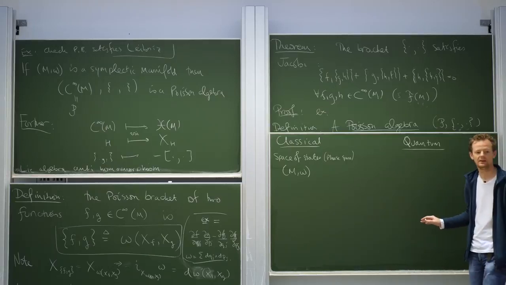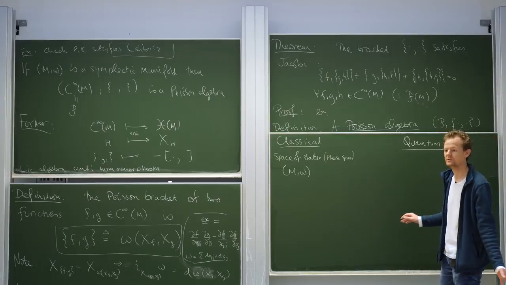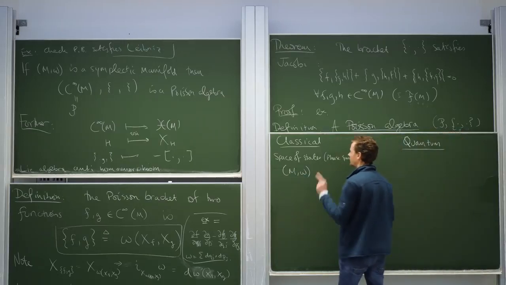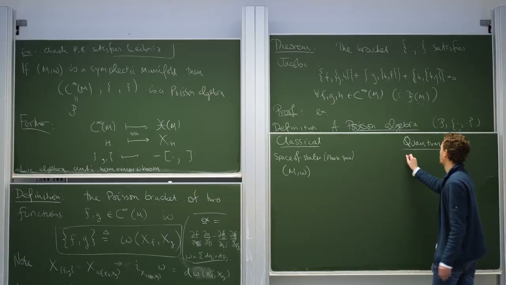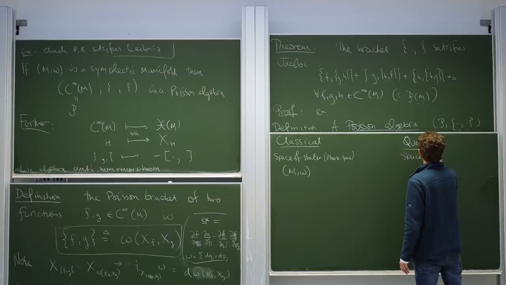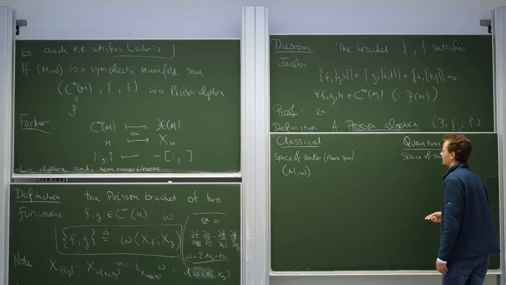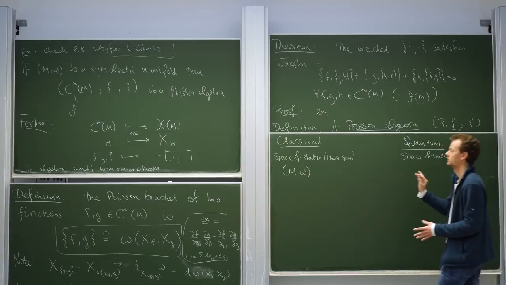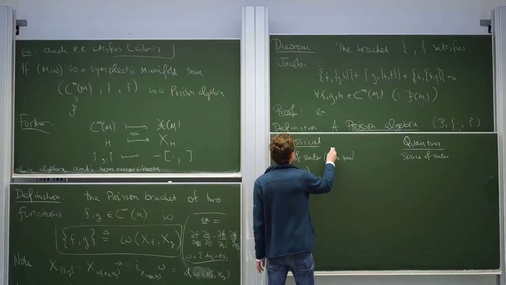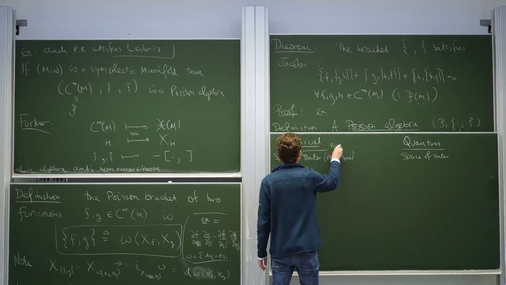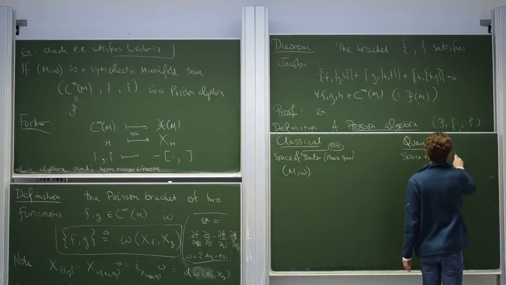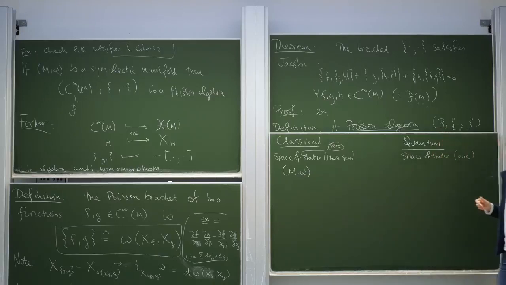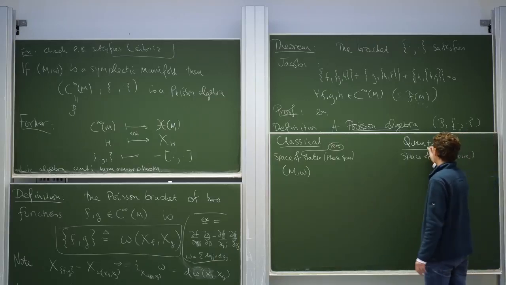Points in a symplectic manifold are points in phase space, are states of your system. You fully specify the state of the system once you've specified a point in this manifold here. And in quantum mechanics, well, we also have a space of states. Now, I should be a bit careful here: these are pure states, because you can have mixed states also in classical mechanics, and also in quantum mechanics, of course. But the space of pure states in quantum mechanics is a Hilbert space H.